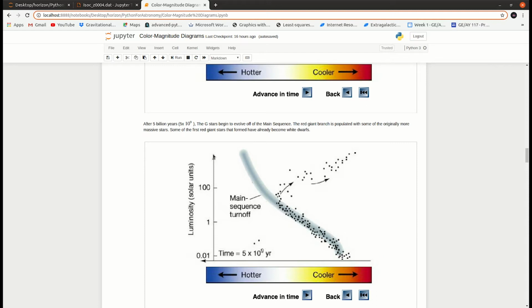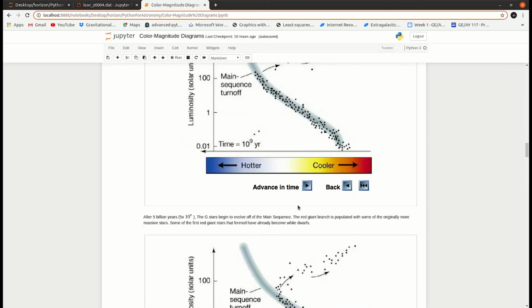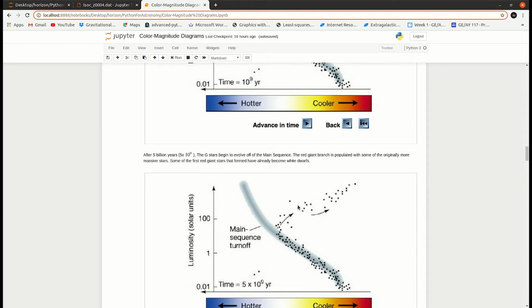So if you take a star cluster of around 5 billion years, around 10 to the power 9 years old, then you can see this kind of HR diagram, because the stars up to G or A will have evolved off the main sequence, and the HR diagram will look something like this.